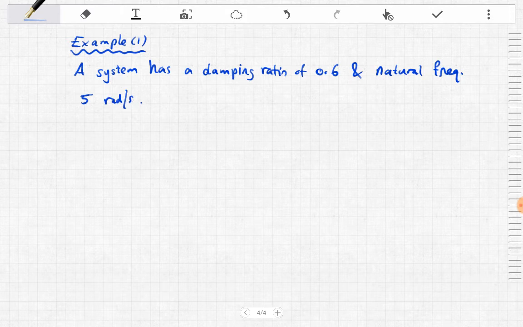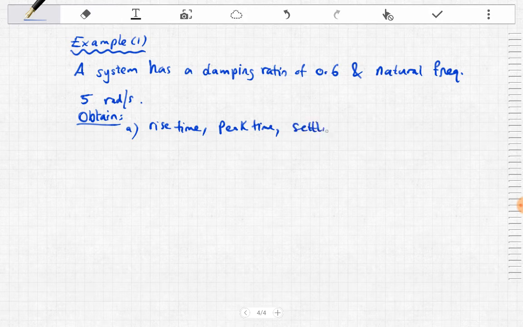The question is, obtain the following: rise time, peak time, settling time, overshoot.